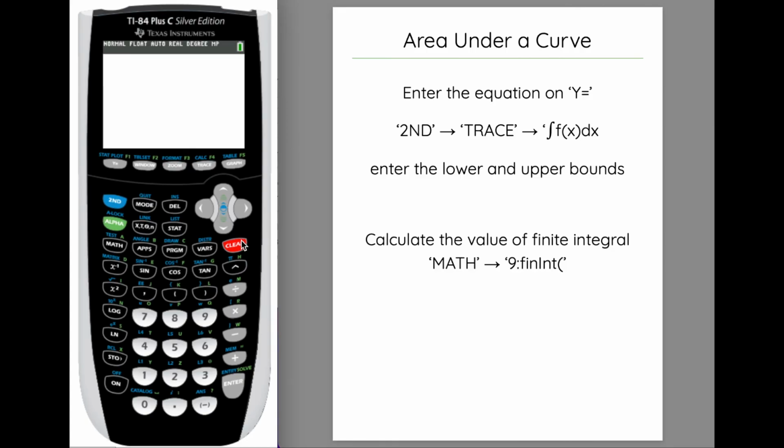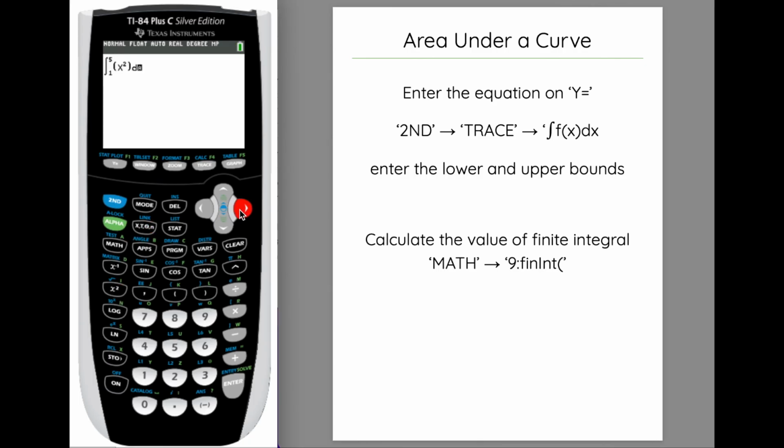Okay, if we want to find a definite integral, so we know the boundaries and the function, we can also use this function here in the math. So we type in math, and we scroll down to number 9, FNINT, which is definite integral. And we can enter in our values. So in this case, we're going to enter in just some function here. So we're going from 1 to 5 for the function, let's say, x squared.